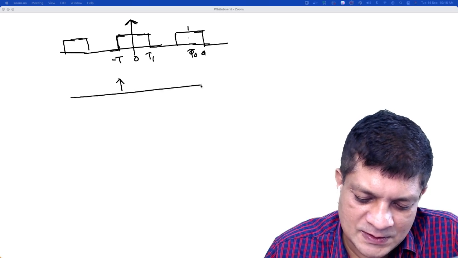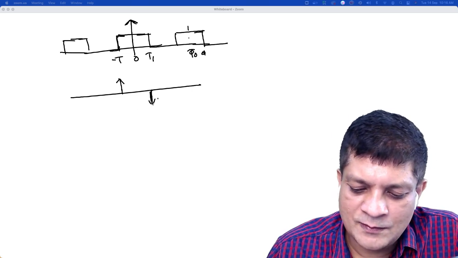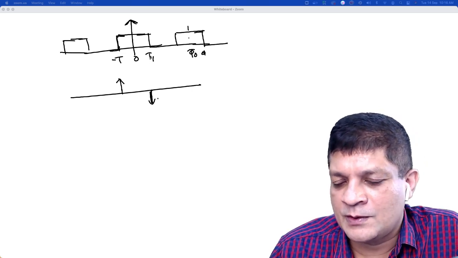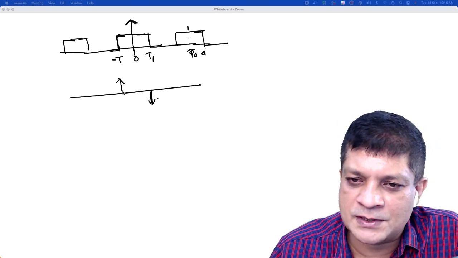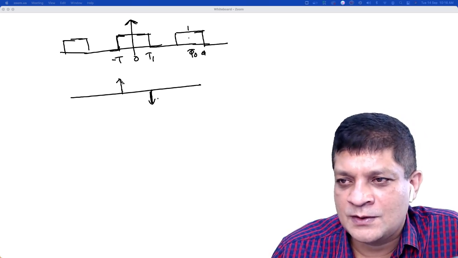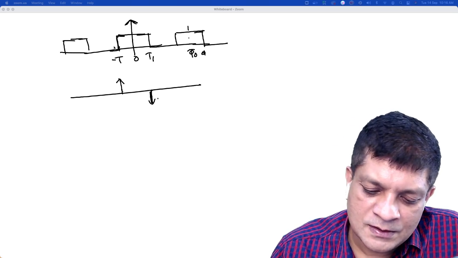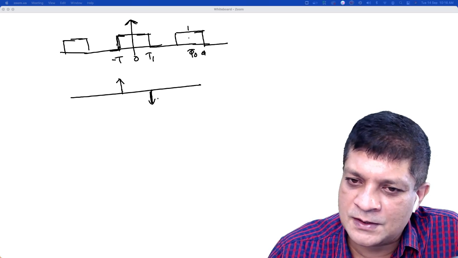Remember, whenever you differentiate a function that is having a step discontinuity, you will get a delta function. And the strength of that delta function is equal to the jump in the discontinuity, that is the height of the jump at that point.